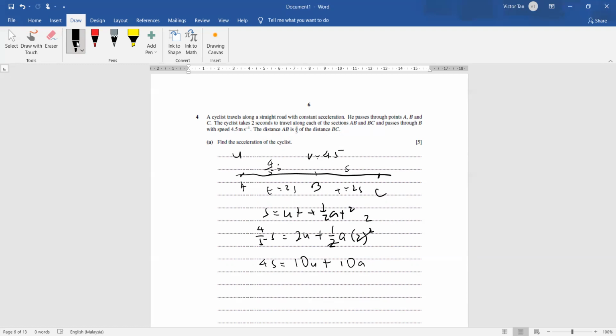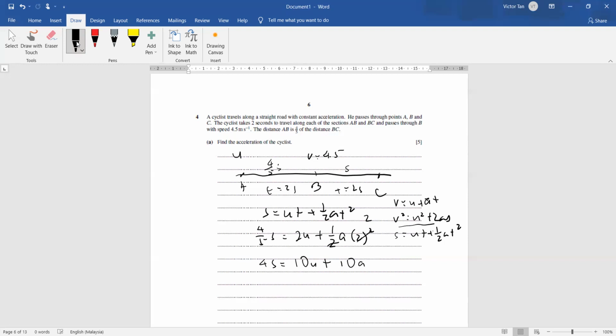Let's write down all the equations: S equals ut plus half at square.